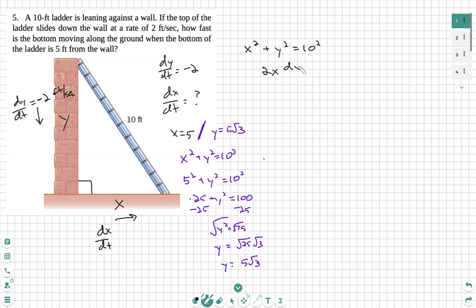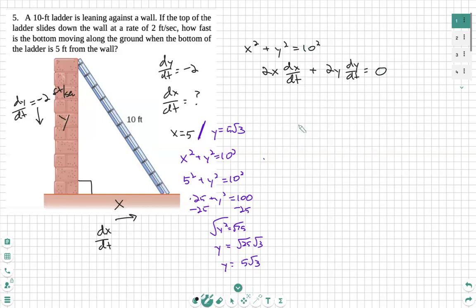I differentiated a variable, so it must become dx/dt. Next, we're going to do the same thing with y. 2y, power rule, comes in the front, times dy/dt. And anytime we differentiate a constant, because no matter what we do, the ladder is always 10, there's nothing that can change that, it is equal to 0.